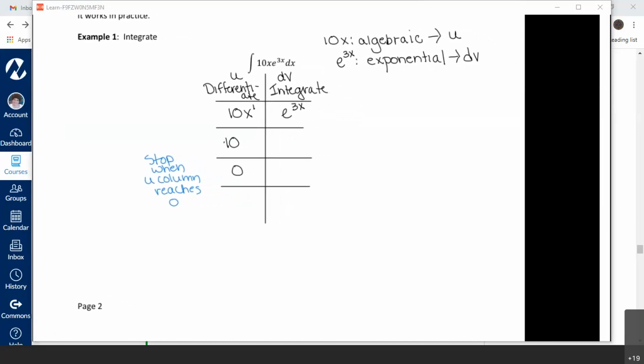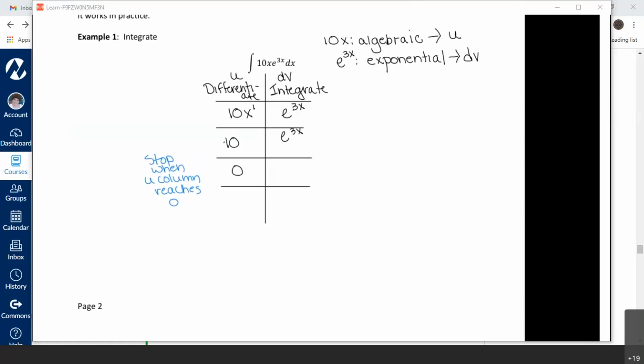Now I'm going to go down my integrate column. Now remember, I'm integrating. Normally, the integral of e to the x would be e to the x. But because I have this 3 up here, I have to remember to divide e to the 3x by the derivative of 3x.